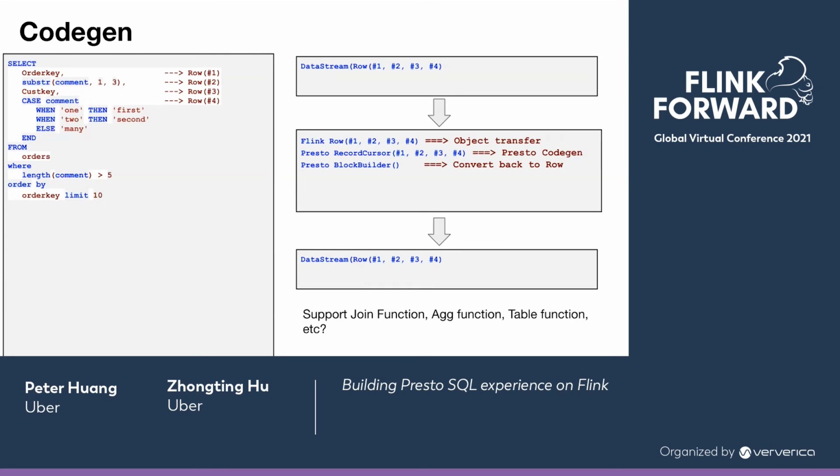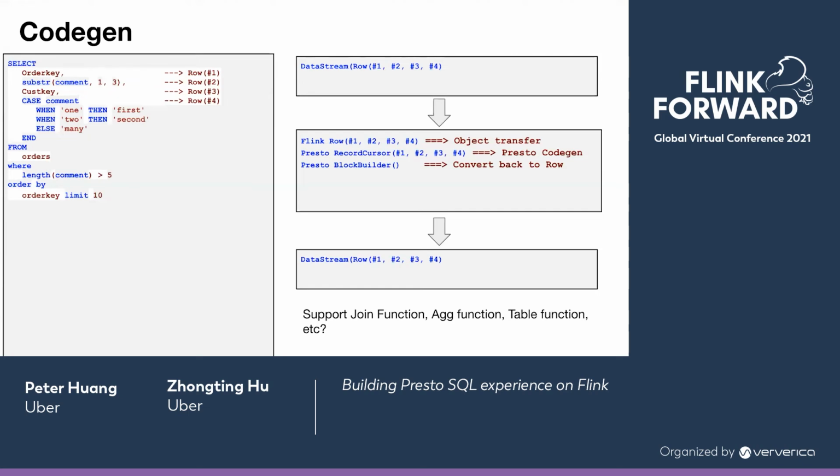But in the Presto CodeGen, because it generates bytecode according to our Presto internal data structure, which is a column-level structure called a block, in this translation at the CodeGen level we first need to translate into the Presto internal block structure.